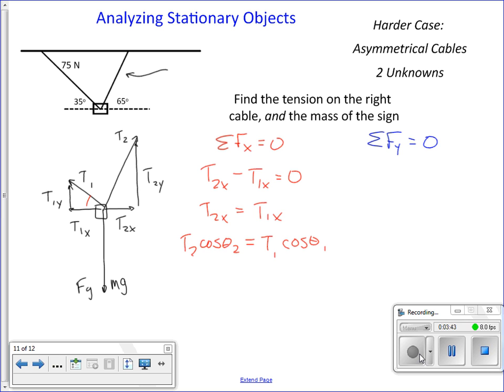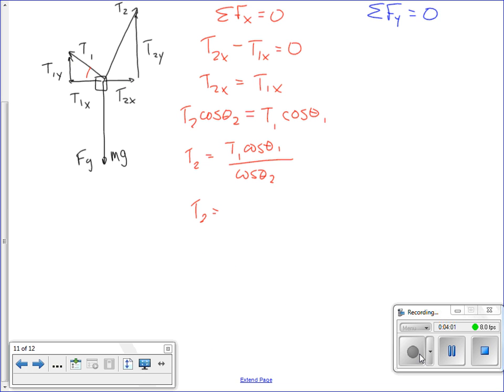You'll notice here there's only one unknown. We know T1, we know theta 1, we know theta 2. So we can isolate T2: T1 cosine theta 1 over cosine theta 2.